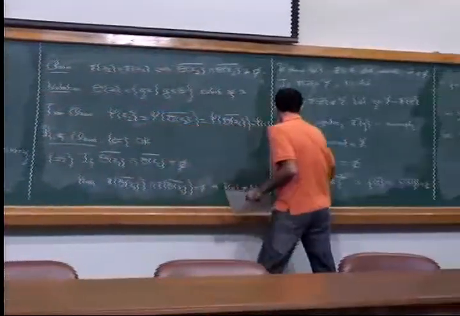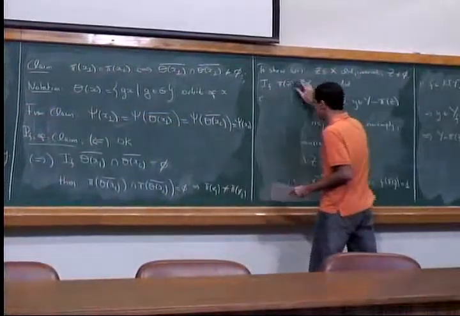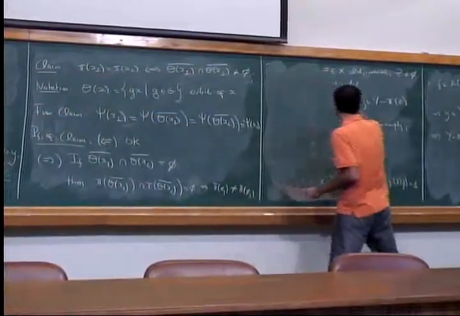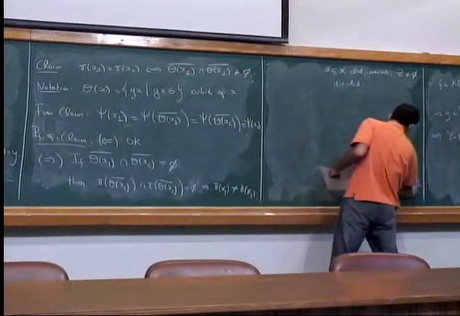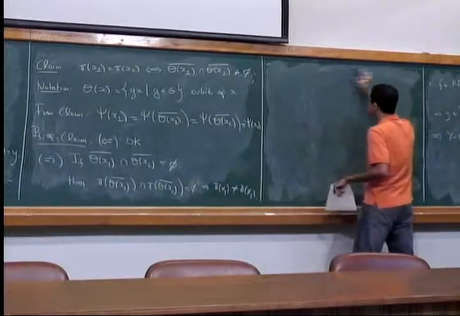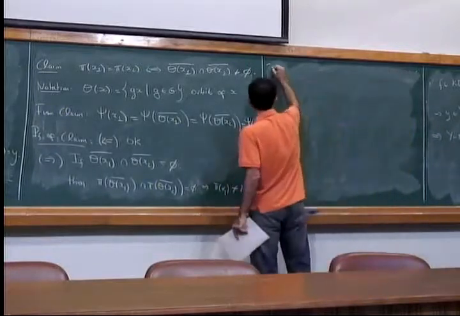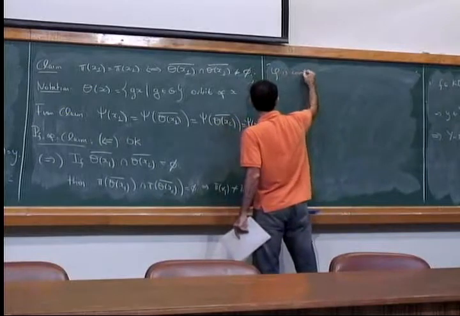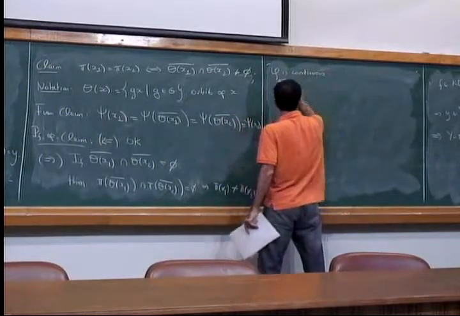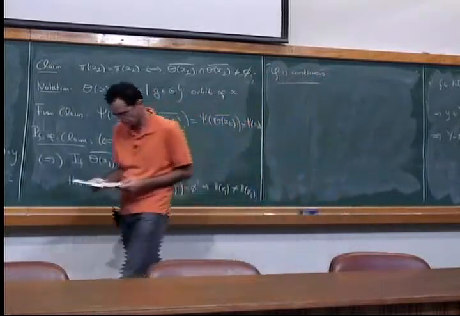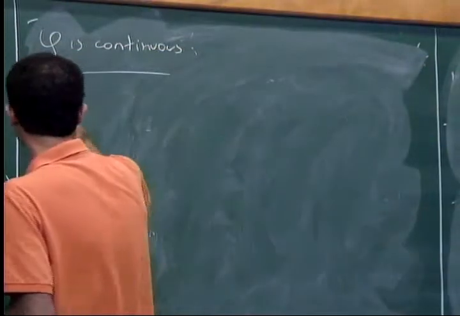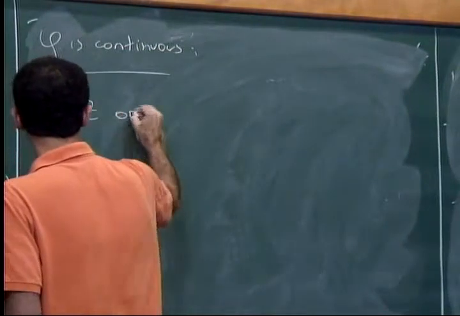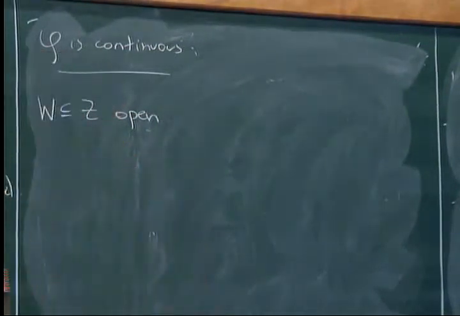Right, now that it's well defined, let me show that it's a morphism. I'll first show that phi is continuous. So let W be something open here, and I want to show that the inverse image is open.